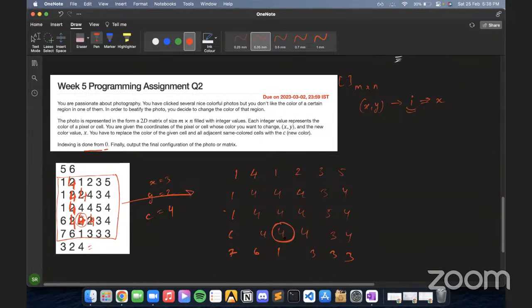Remember that we started from here. We changed this value, then this, this, this, and this. The rest is the same. I hope this problem is clear to everyone. So this is the final configuration that you need to print as the output.